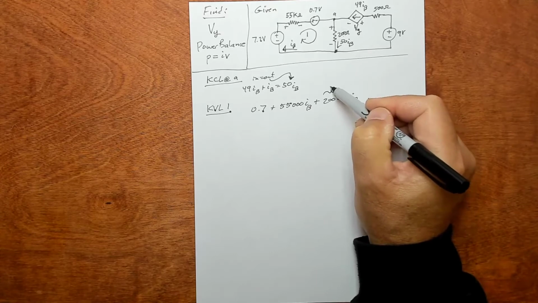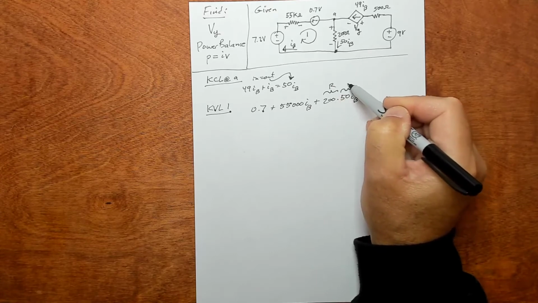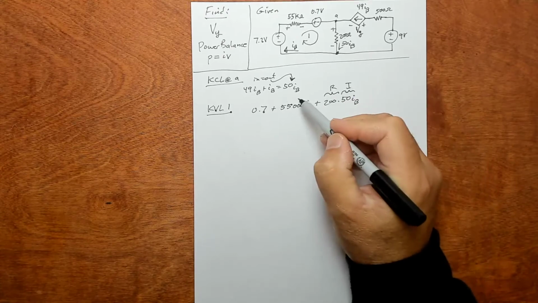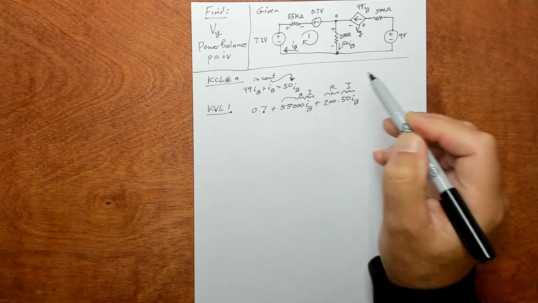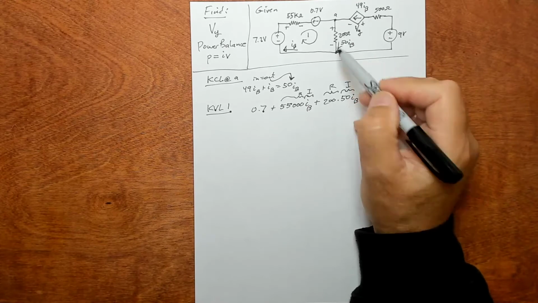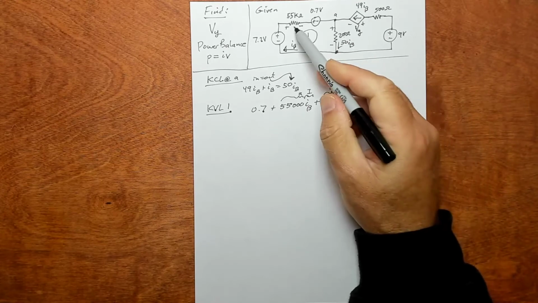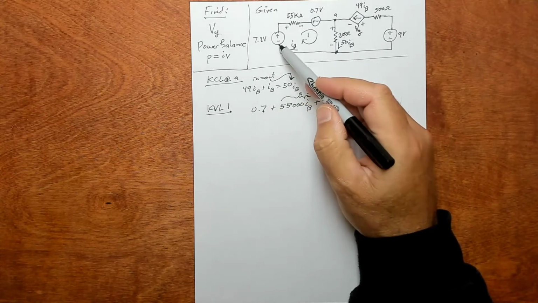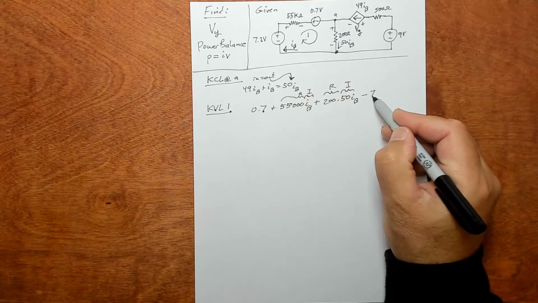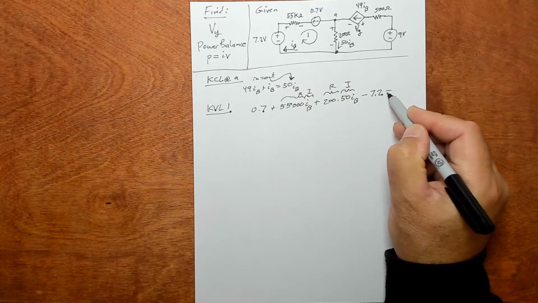We're coming into the positive terminal, so this term is positive. Here we're coming into the negative terminal, so this term is negative 7.2 volts. Those sum to 0.